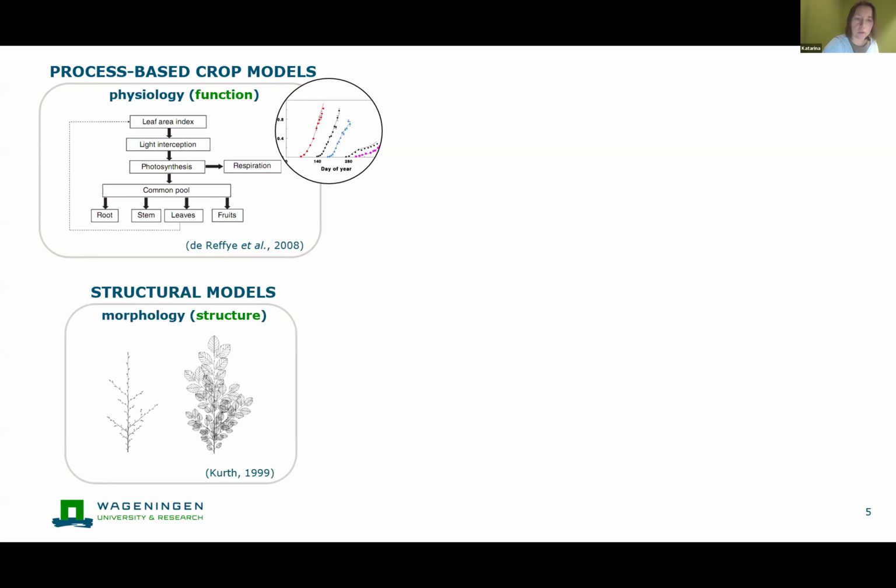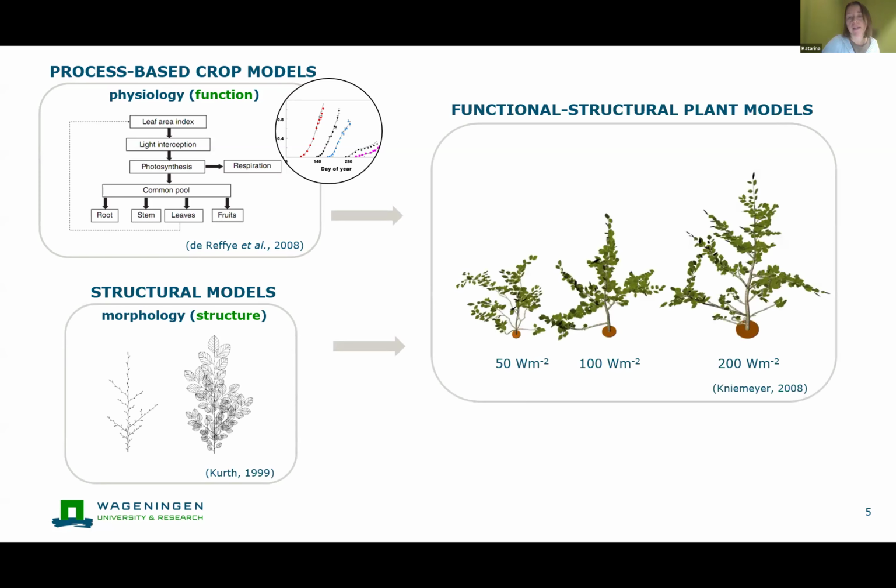Then in the past, structural models focused mainly on the structure without necessarily being interested in the functioning. And by combining them, we have this functional structural plant model. So we can simulate structure, we can simulate function, and we can also simulate the responses to different, in this example, radiation levels.